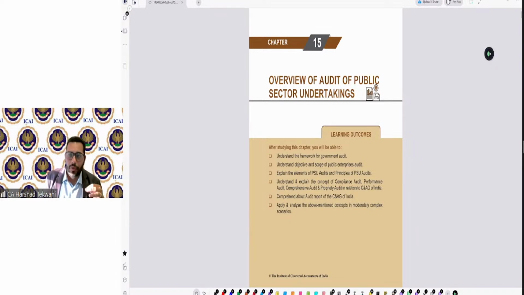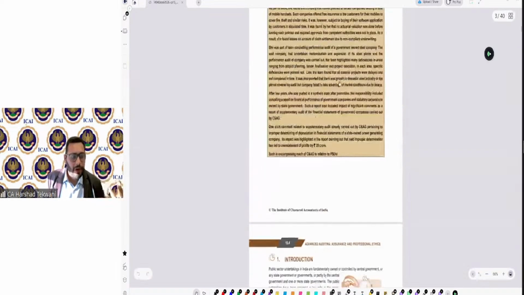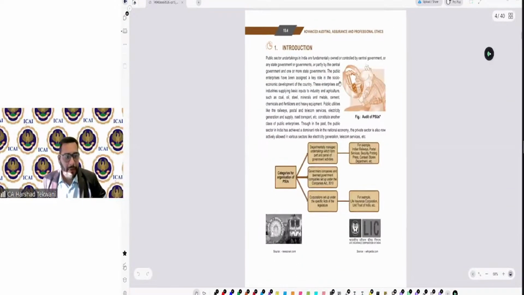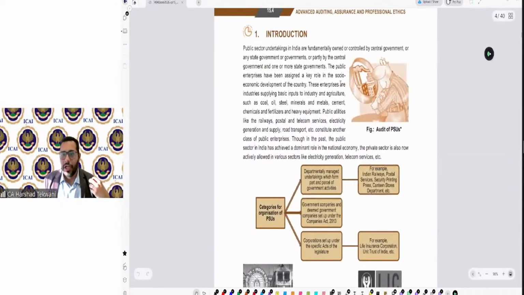What I want to discuss over here is public sector undertakings and the framework of a government audit. In public sector undertakings, not only chartered accountants audit; there are many other participants, or I would say stakeholders, who look into the working, the operations, and the financial matters of that undertaking from an audit point of view.